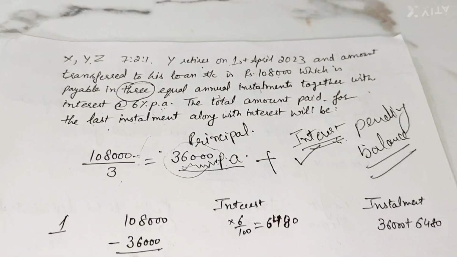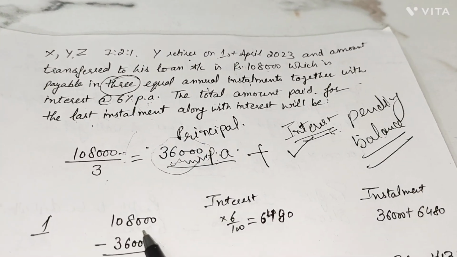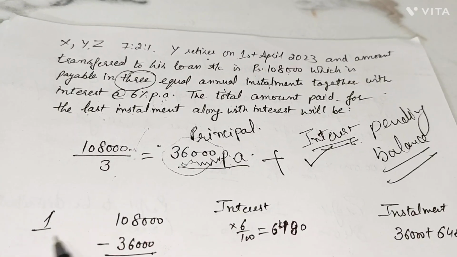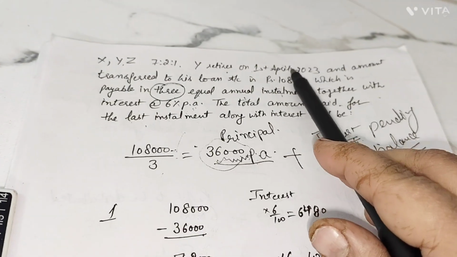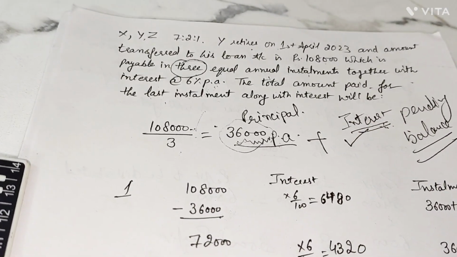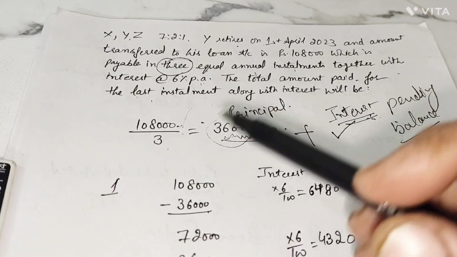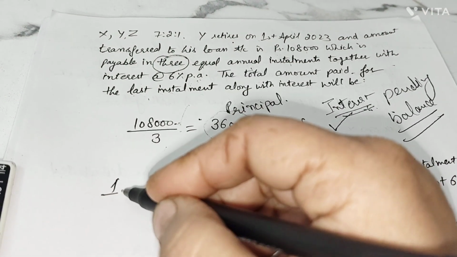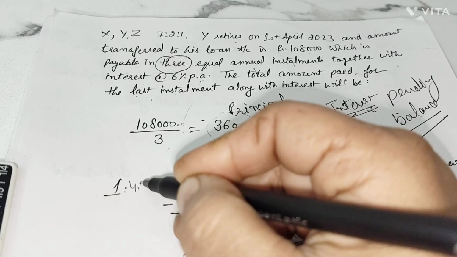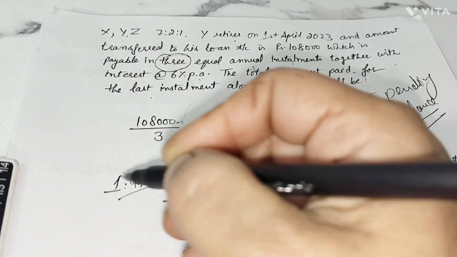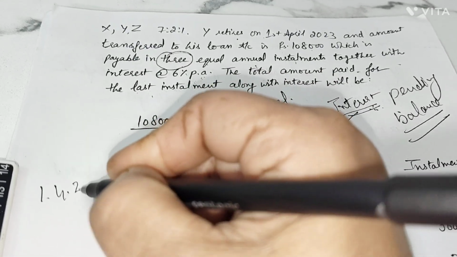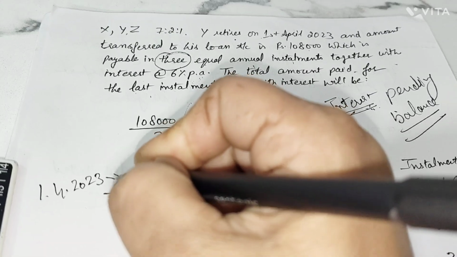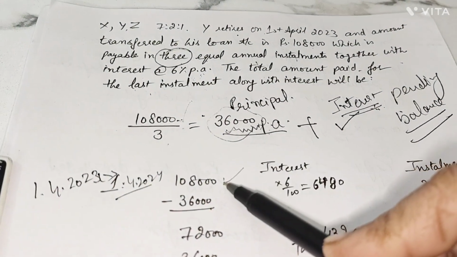First of all, we have a total due amount in the beginning of the first year, right? On the 1st of April 2023, the question says that the total sum payable was 1,08,000. The first year ends on 1st of April 2024. From 1st of April 2023, the total sum payable was 1,08,000.